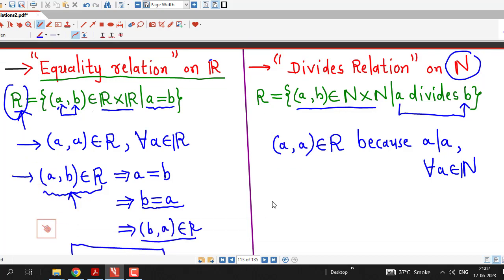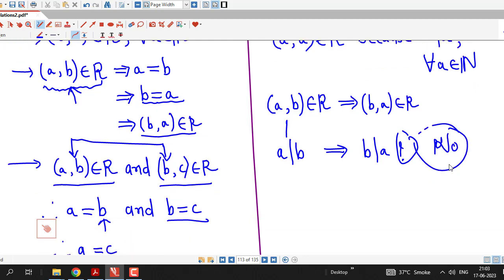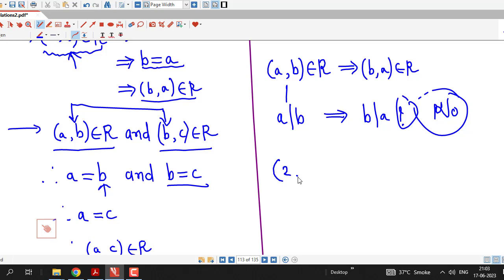Now for symmetry we have to check whether A related to B implies B related to A or not. Suppose A is related to B, then this means A divides B. So if A divides B, is it true that B also divides A? The answer is obvious, this is not always true. For example, if we consider the ordered pair (2, 4), then 2 divides 4, therefore (2, 4) is in the given relation.